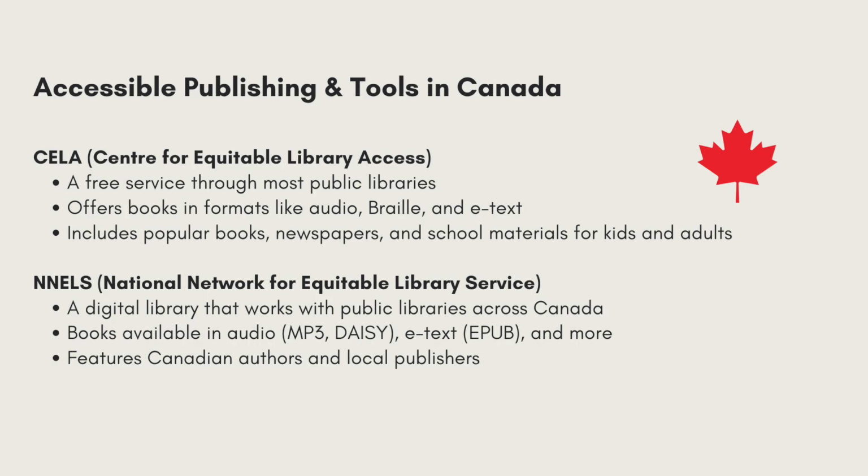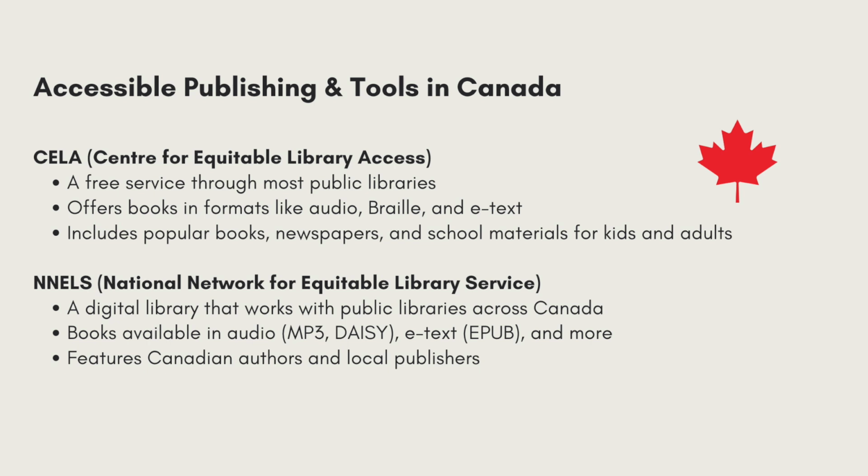Now, accessible publishing and tools in Canada that were made for and by individuals with disabilities include CELA, which is the Center for Equitable Library Access, and it's a free service offered through most public libraries that has books in formats such as audio, braille, and e-text, and can include popular books, newspapers, and school materials for kids and adults.